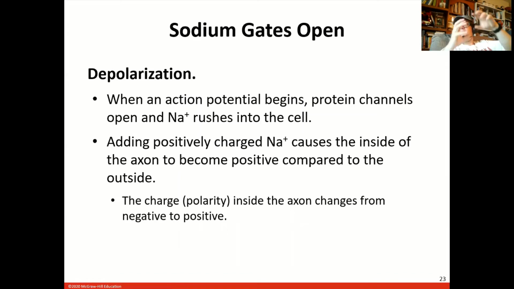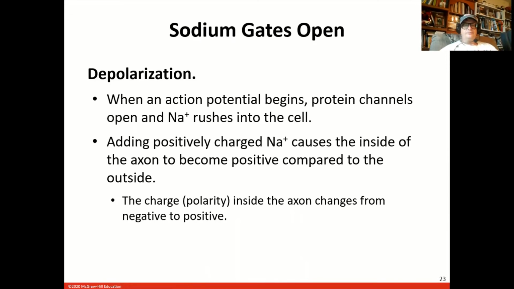If it gets too positive on the inside of the cell, more sodium, sodium's drifting along, it's going to come to this channel that's right here. That channel has a gate on it that is positively charged. If you get more positive, positives repel each other, it will fold out of the way. But when it does, it just opened the channel, and now lots of sodium comes rushing in.